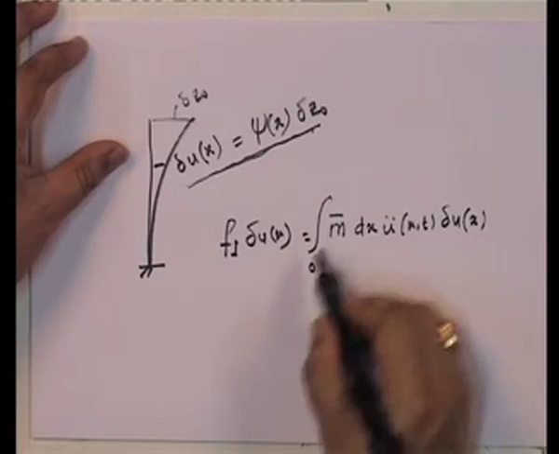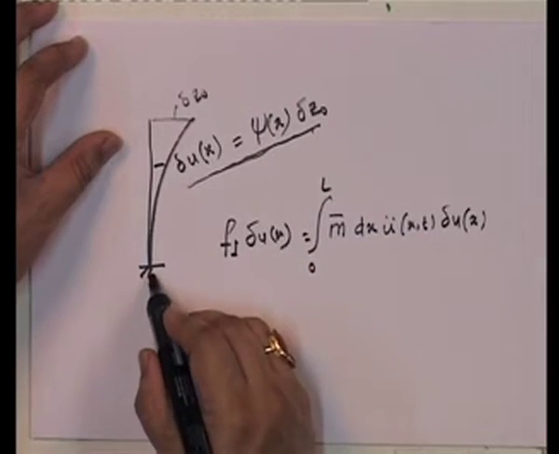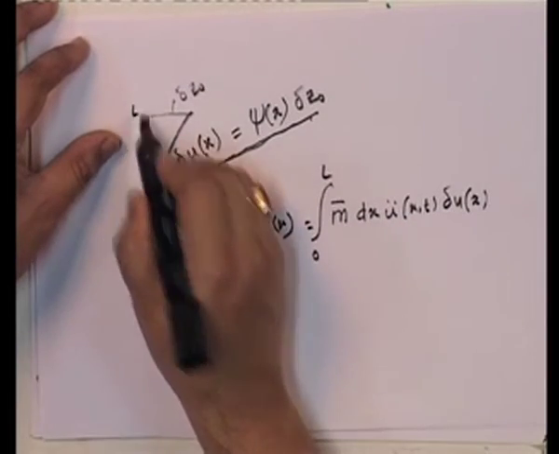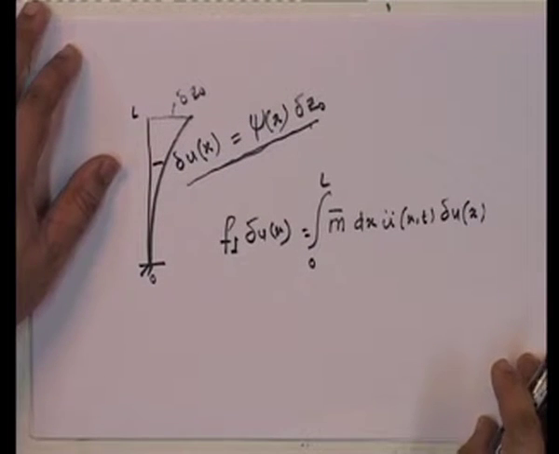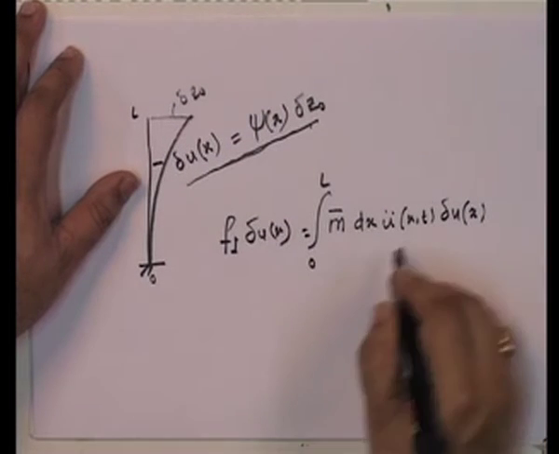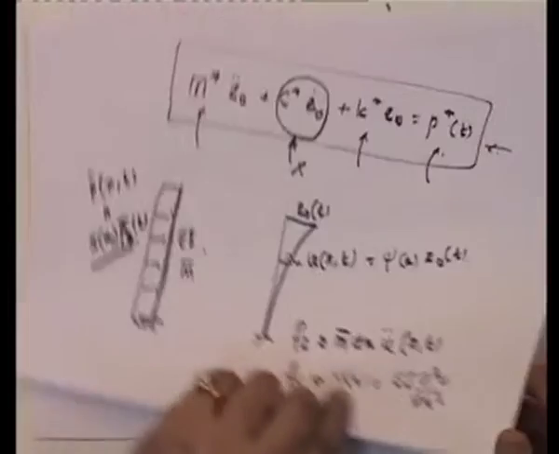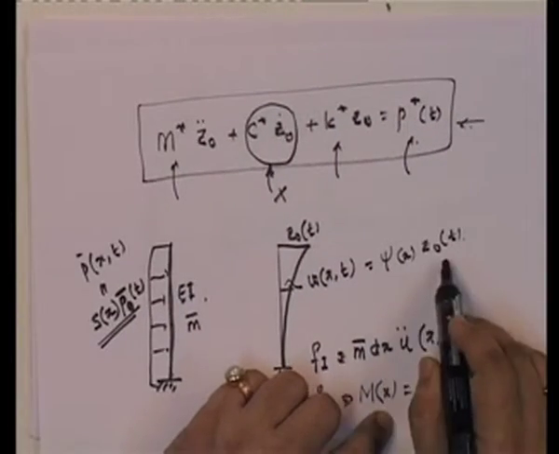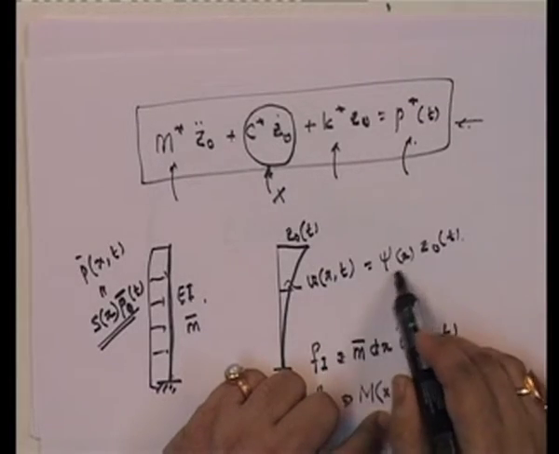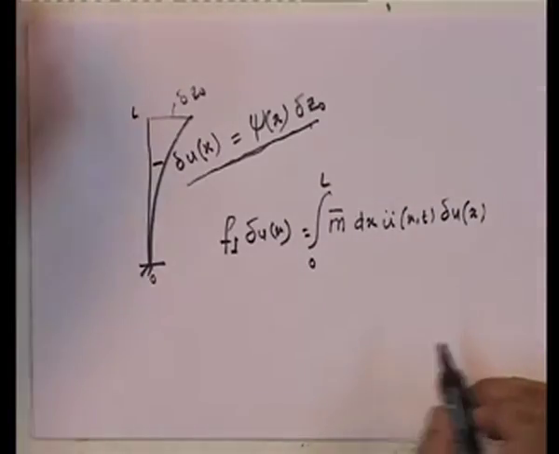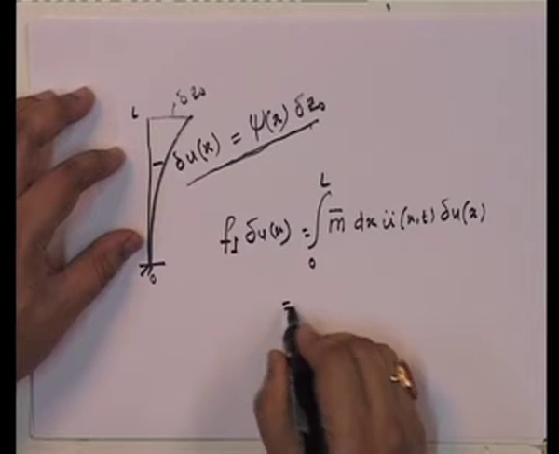So, we have to go from 0 to L. Okay. So, it has to go from 0 to L. So, what does this become? Let us substitute all of these terms. See, u x of t is given by xi x z 0. So, u double dot is going to be equal to xi x into z 0 double dot.